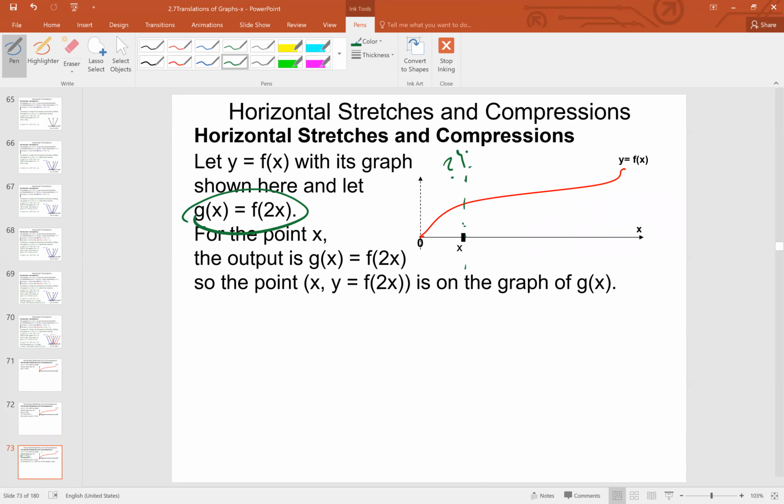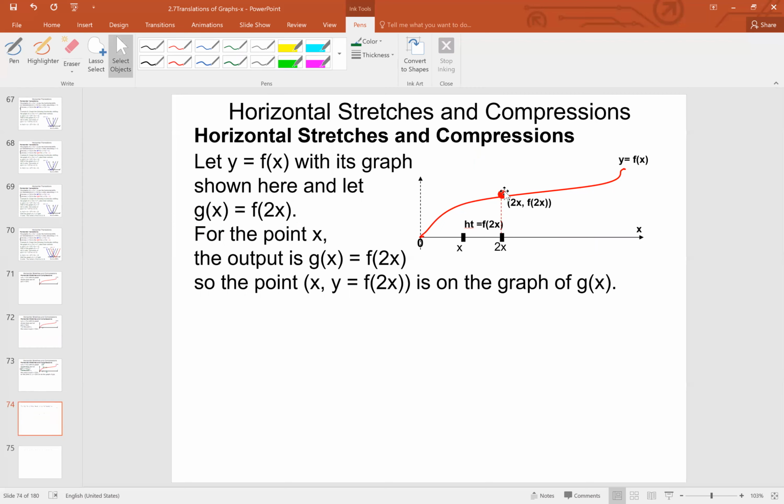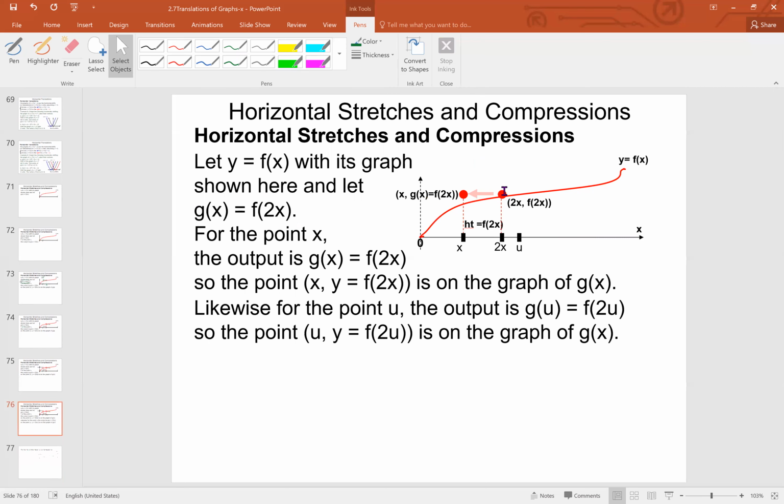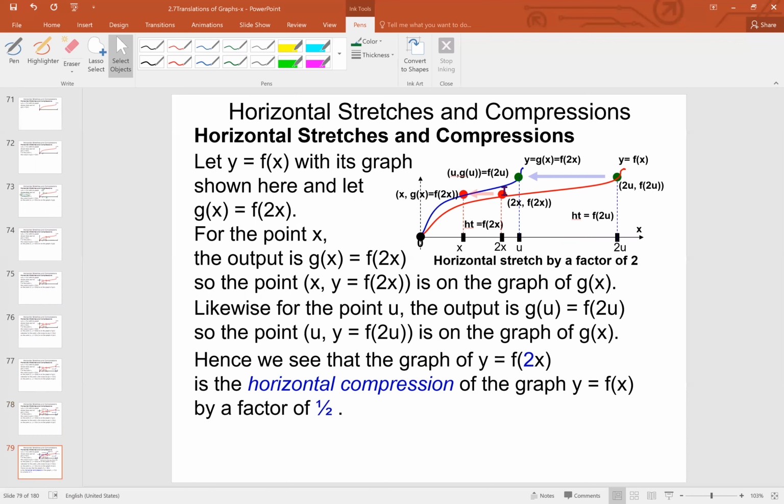Well, it says for g of x, you double the distance to 2x, and you look up at f, and you bring the f value back. So that's the instruction for plotting g of x. You do that to every point. You bring them halfway, if you like, to 0, I mean, between 0 and x.